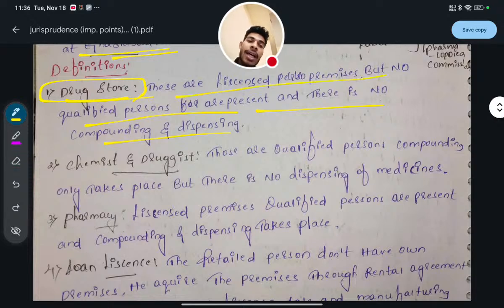Nobody can dispense the drug there or compound the drug. Dispensing a drug means giving the drug from one person to another person.